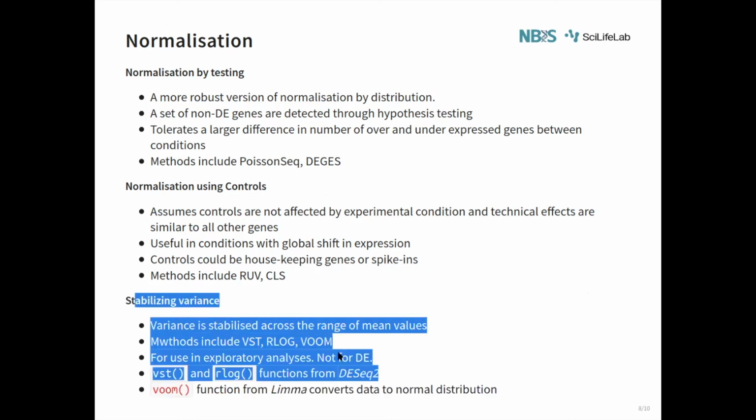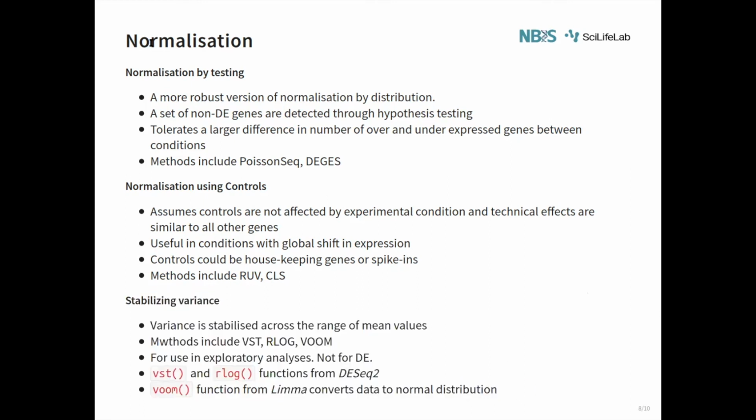And this last thing here is a bit of a deviation from these normalization methods, but this is something called variance stabilizing transformation, or stabilizing the variance. This is more for exploratory analysis. That's because this is something that's inherent to the data set, as in the RNA-seq data. It's negative binomially distributed, and you have a situation where there is a mean variance relationship.